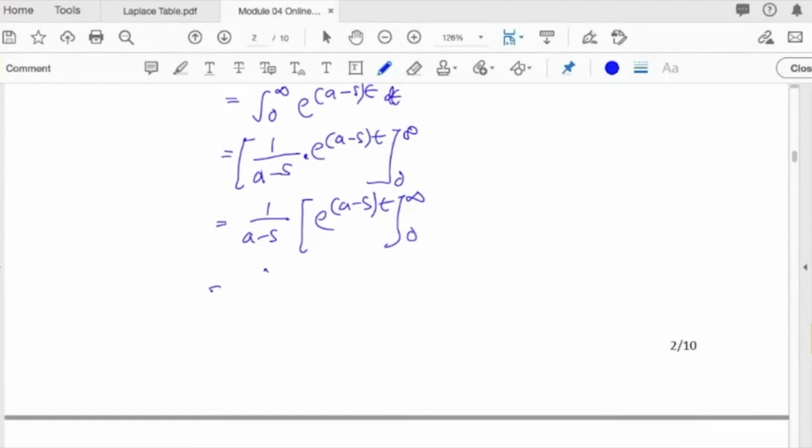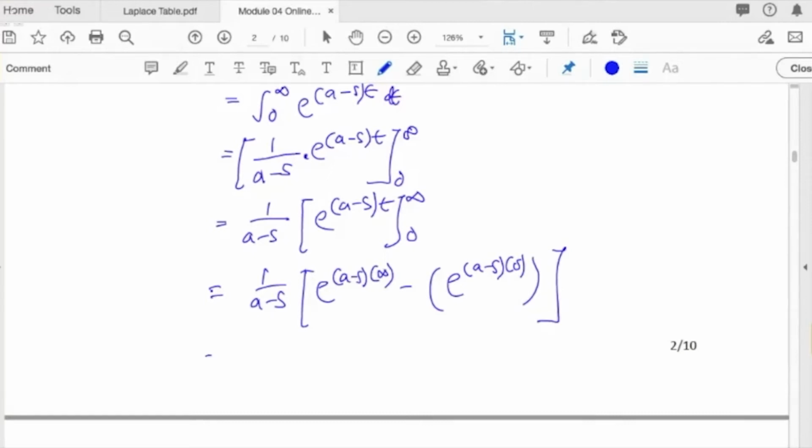So we have 1 over a minus s, exponent a minus s infinity, minus exponent a minus s 0.